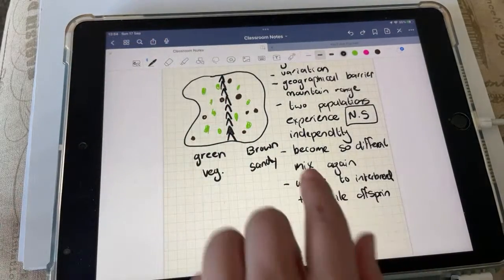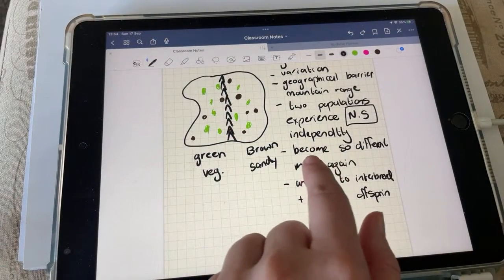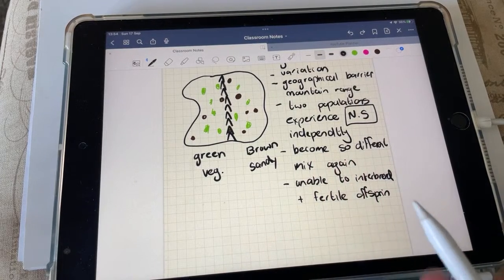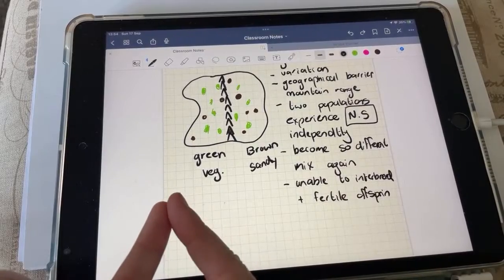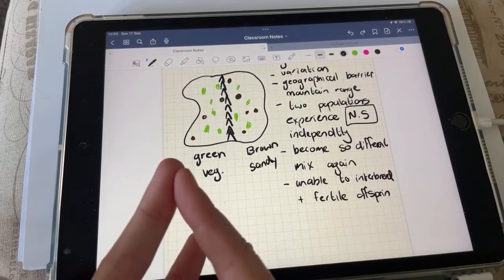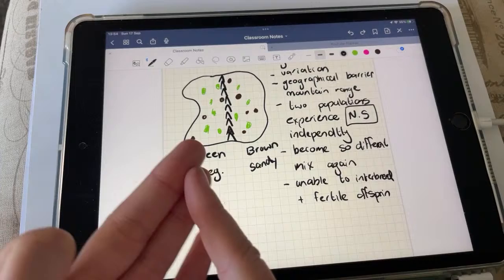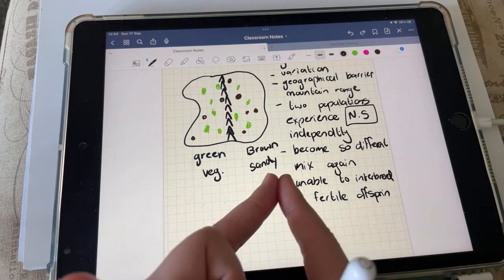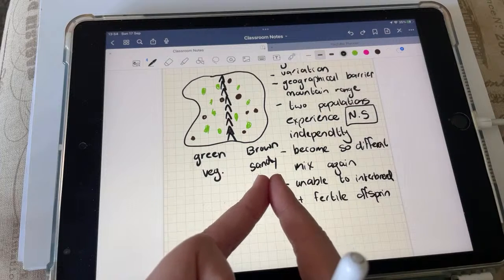And when you accumulate so many of these differences, when they become so different, they're unable to reproduce with one another because they live in different places. They eat different foods. They might be different sizes. Maybe the green lizards only come out at nighttime and the brown ones come out during the daytime now.